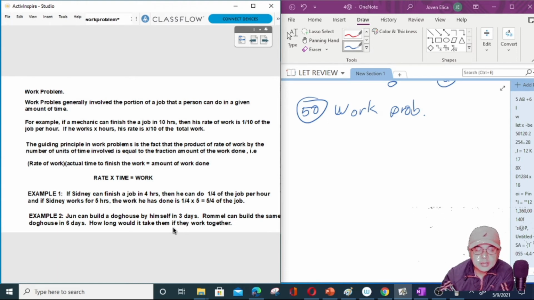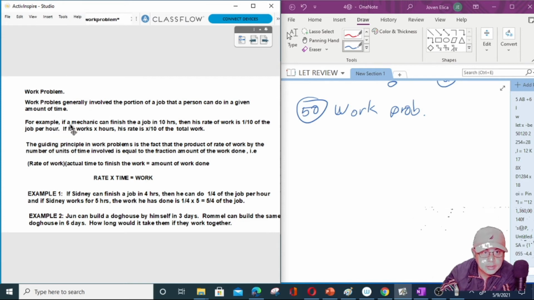Now, generally, the formula is rate. By the way, a work problem is actually a very simple representation of a certain rate of work.